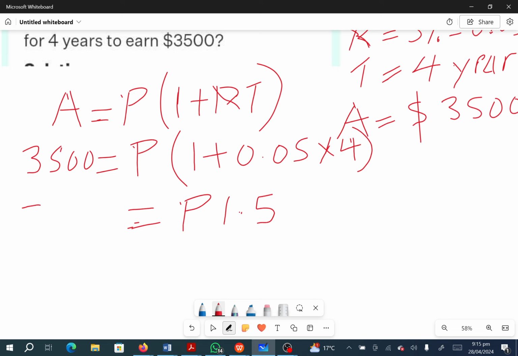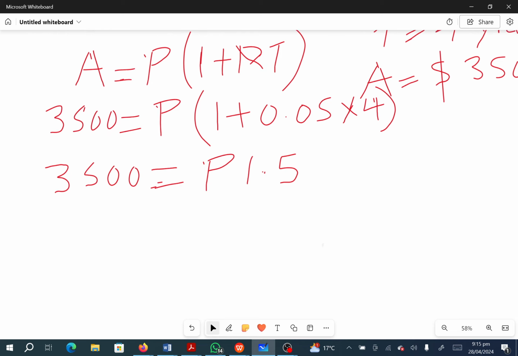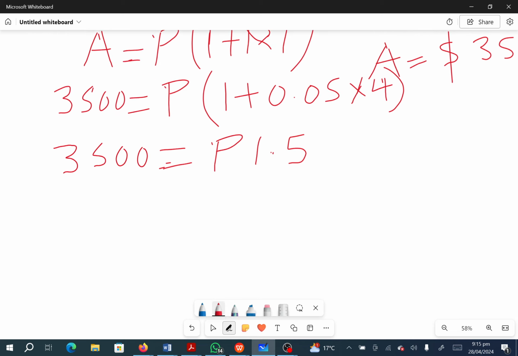Since we are looking for P, the principal, we can make P the subject of the formula. Just come back on the calculations in the bracket.